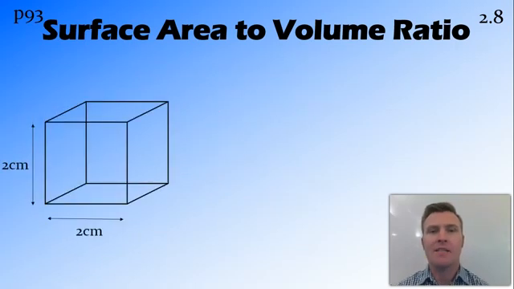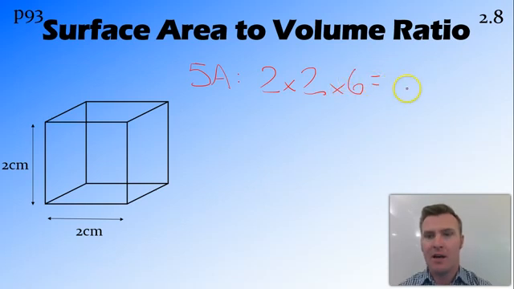Let's move on. Now we have a bigger cube. This time we've got a cube that is 2 centimeters by 2 centimeters. So to work out the surface area, it will be 2 times 2 times the 6 sides, giving us 24 centimeters squared.